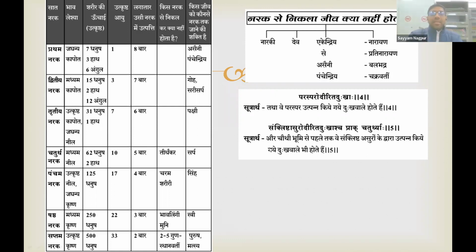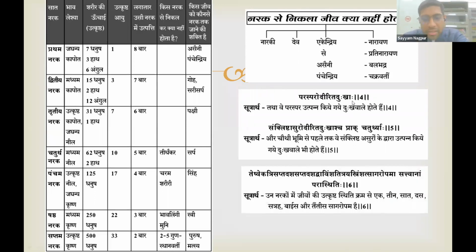So this means that in Narklands 1, 2, and 3, Asur Kumar Jati Dev, they go and provoke Narkis to fight with one another. If they are maybe passing time or they are trying to enjoy or adjust with one another, they won't let them do it.